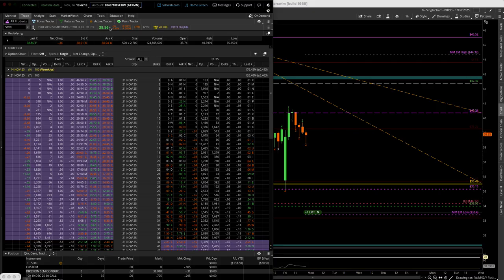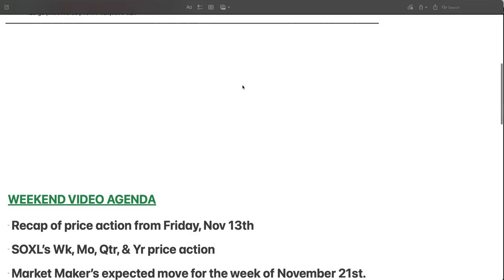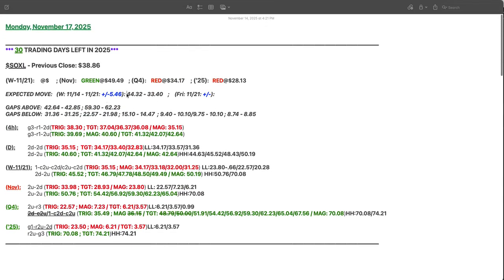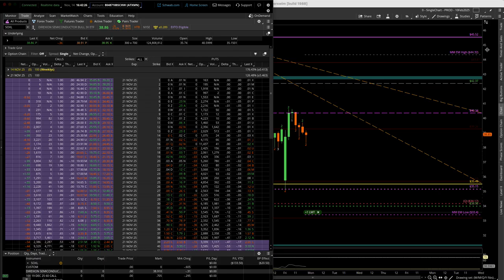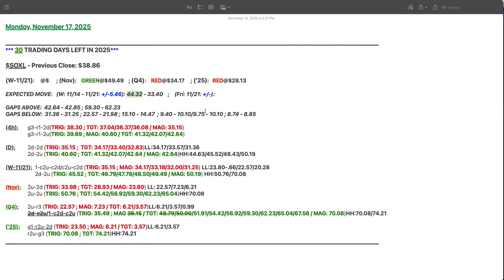So if you take the close price from Friday, 38.86, and you add $5.46, then if we switch over to our notes, we can see we've got the top of our range that would be here at 44.32, and that's over here on the charts, right? 44.32. And then if we take that 5.46 and subtract it from 38.86, we get 33.40, right?